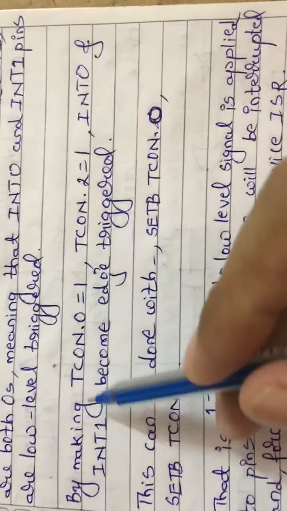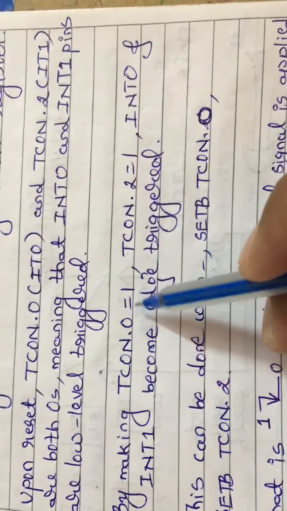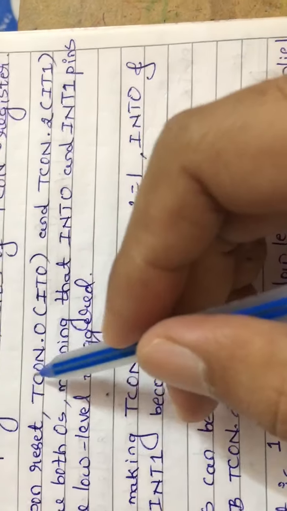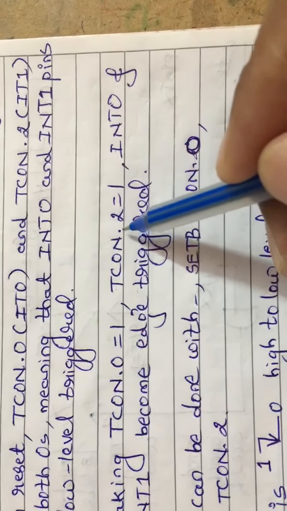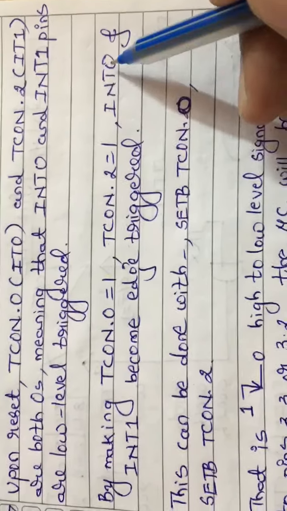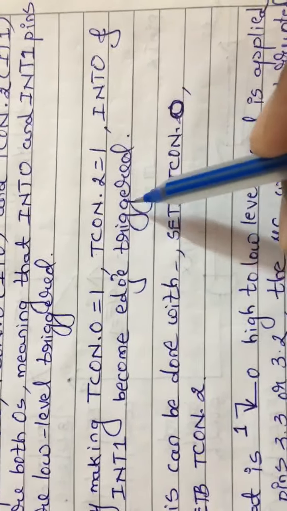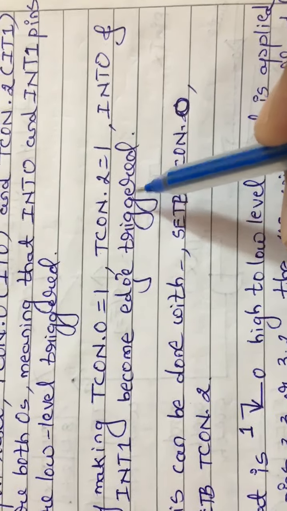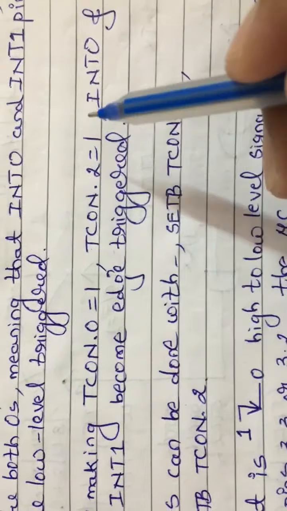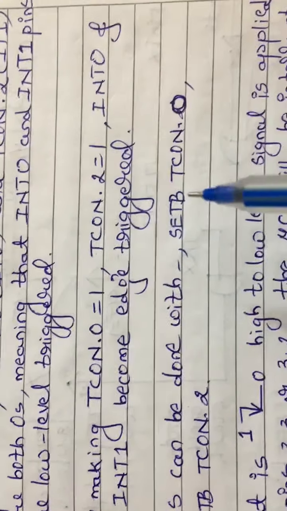By making TCON.0 equal to 1 and TCON.2 equal to 1, INT0 and INT1 become edge triggered. Just we need to make these two values equal to 1. That is nothing but the edge triggered interrupt.